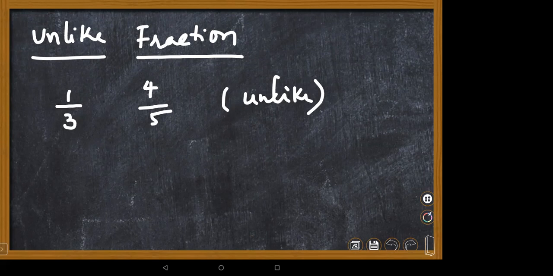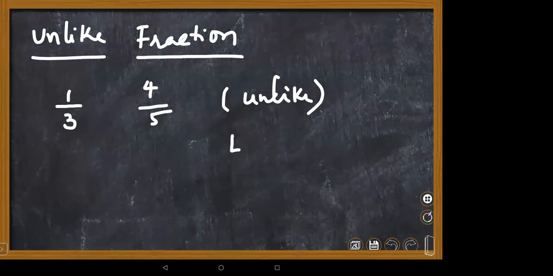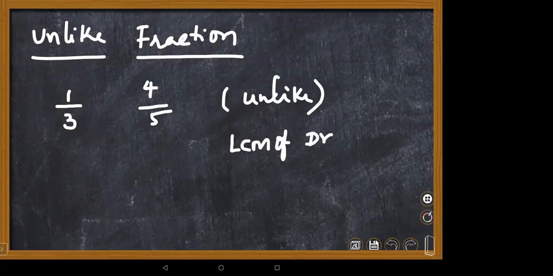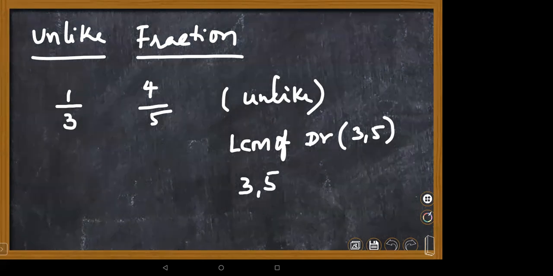Making them like fractions means you need to take the LCM of the denominators. What are the denominators here, children? 3 and 5. If you take the LCM of 3 and 5, since both are prime numbers and no prime number is repeated, the product is the LCM. Daksh, what is the LCM here?